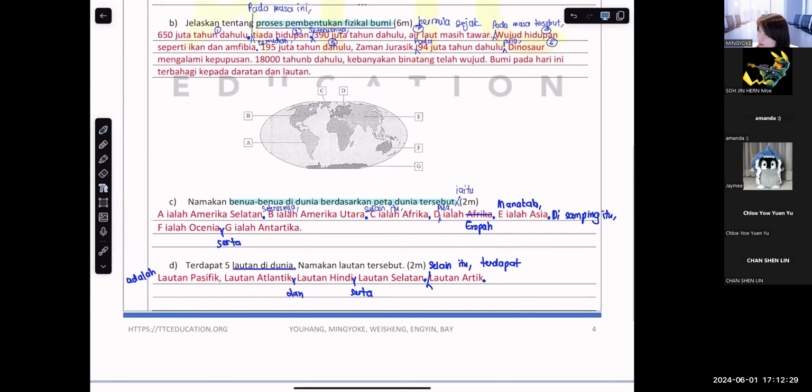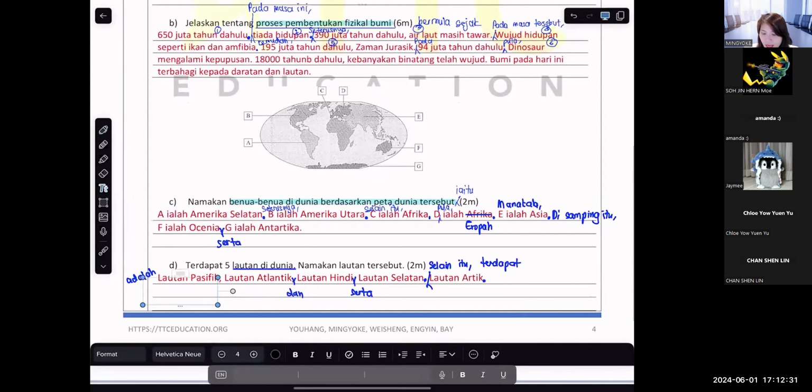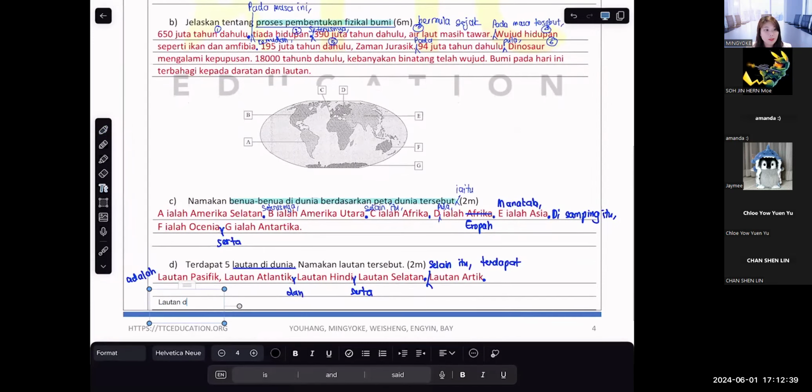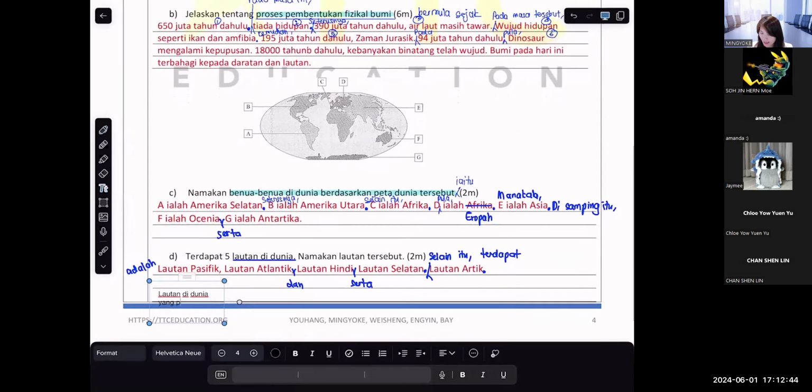Or, guys, you can directly put, for example, lautan di dunia yang pertama ialah lautan Pasifik. Stop. Kedua, lautan kedua ialah lautan Atlantik.